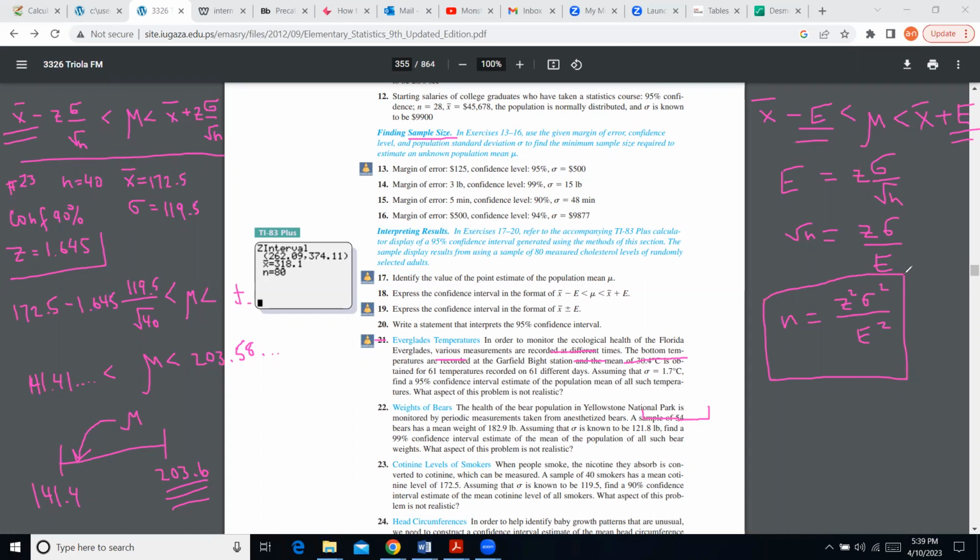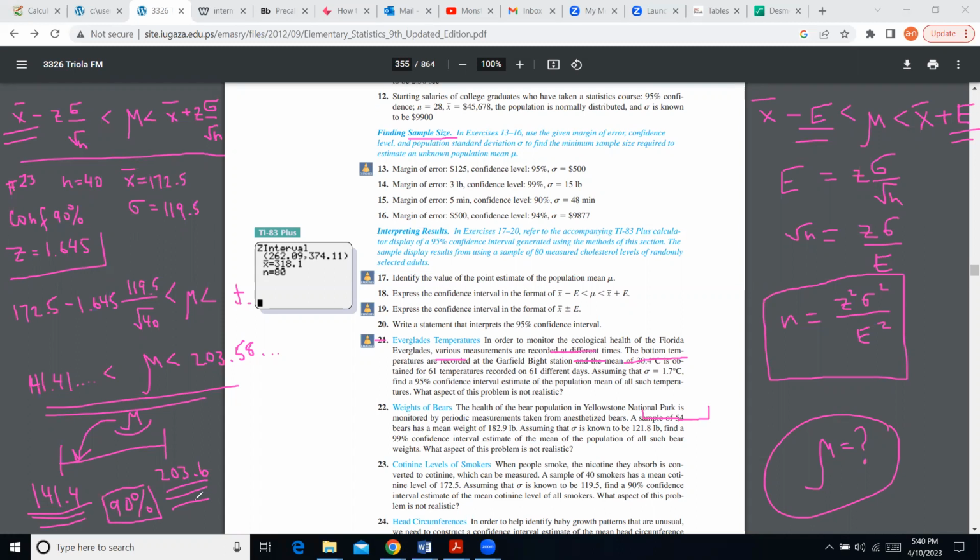Well, remember, our goal is to always estimate the population mean. So that's what we're actually doing here. We find the interval, the left end, the right end. That's where we know the population mean will sit with a level of confidence of 90%. So we're 90% sure that the average is in this interval.